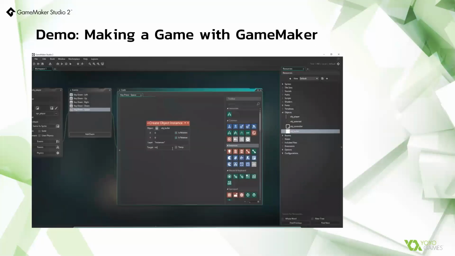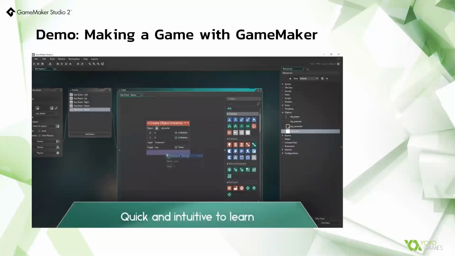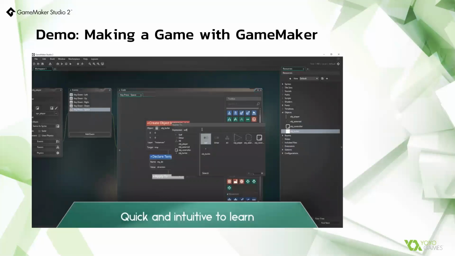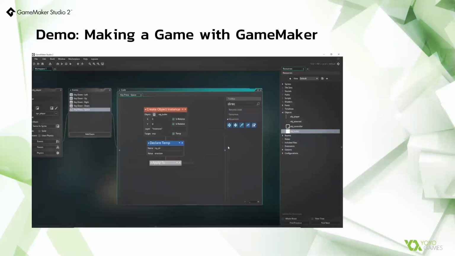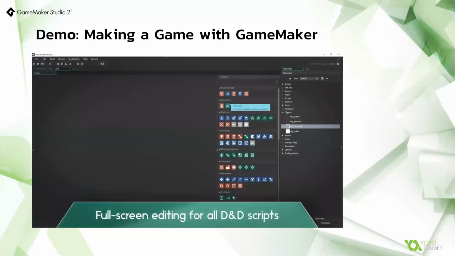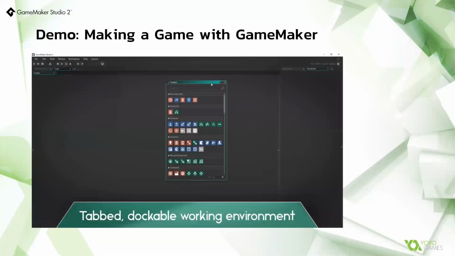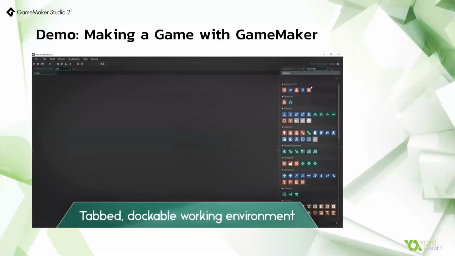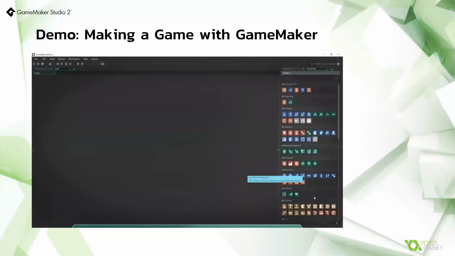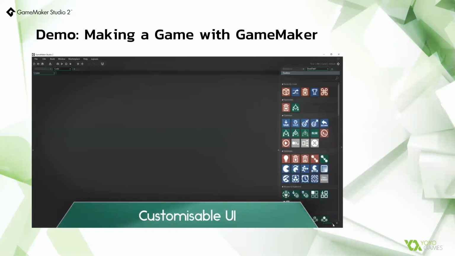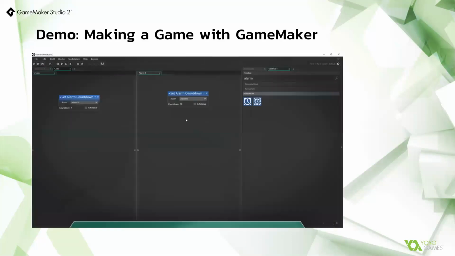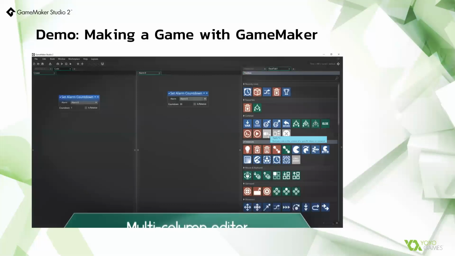There's customizable favorites. There's full screen editing to maximize the logic surface, supporting drag and drop scripts along with the event logic. The GameMaker Studio 2 environment allows for the user to customize the environment and layout, allowing for UI to be scaled. There's multiple columns with an overview that outlines the code to view larger scripts.